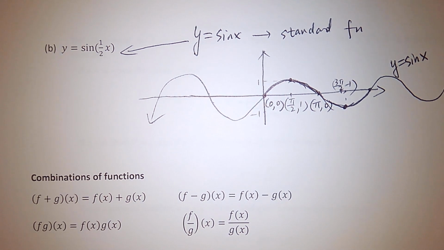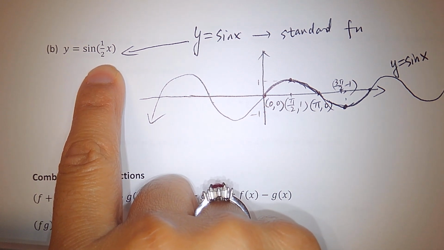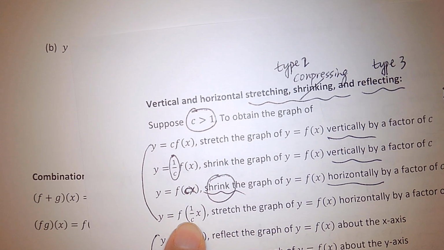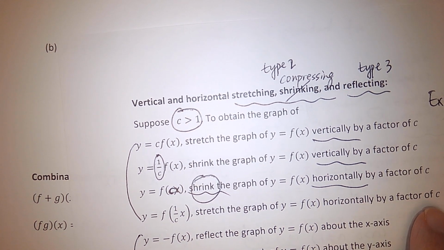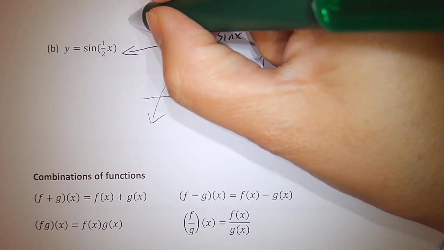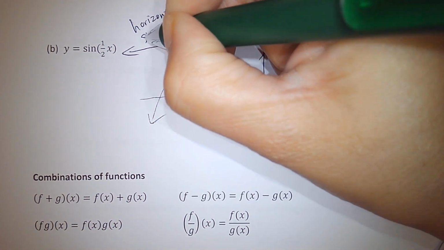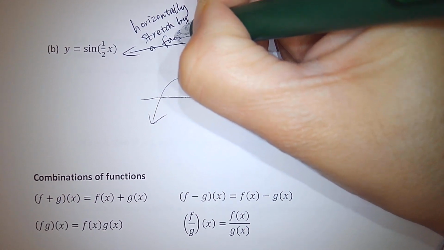Stretch the graph horizontally by c, or 1/c? Yes, 1/c. You're right. So if we go back, it says 1/c, so we have to stretch the original function horizontally by a factor of c. So from here to here, we horizontally stretch by a factor of 2.